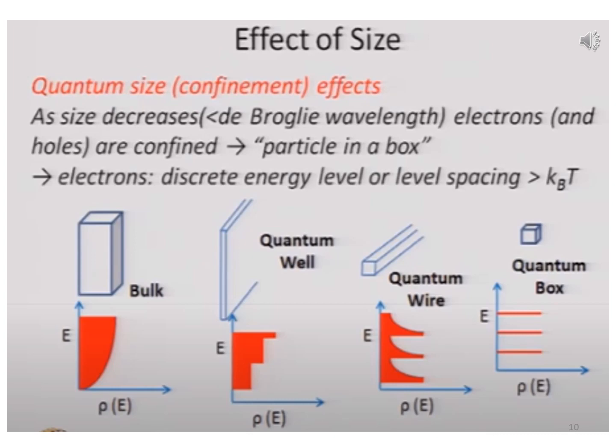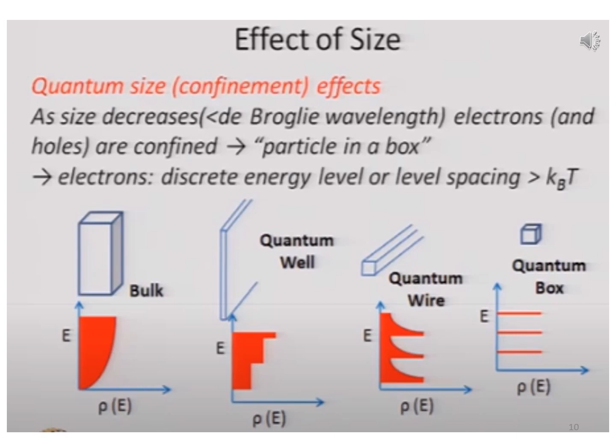So why do we call it quantum confinement or quantum size effect? Because in case of a three-dimensional structure when the size is very small and all three sizes are in the nanometer range, electrons are not allowed to move outside this box.